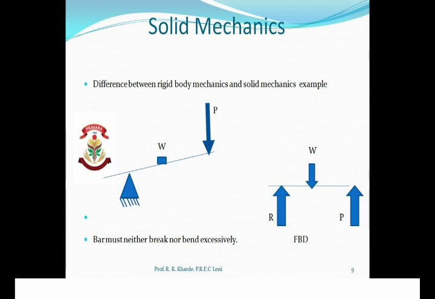Now in statics, what we do, we just consider a lever. What will be the force P that will be required to lift the load? In that, we have studied in physics the mechanical advantage. As the position of the pivot changes, the force required will be less, or as the position of the load W changes, the requirement of the force P will change.